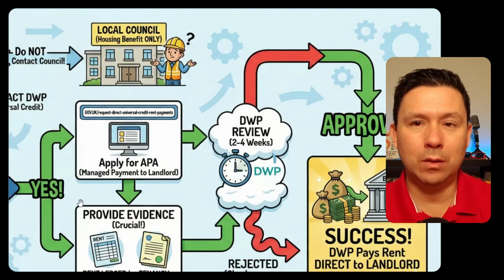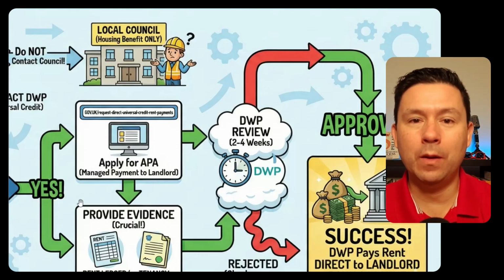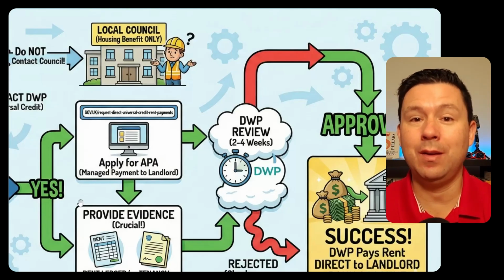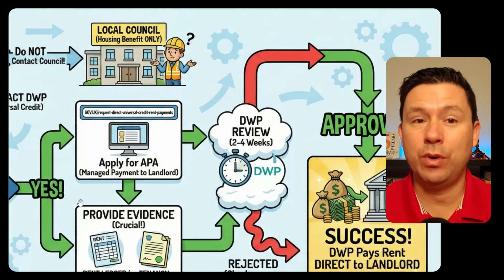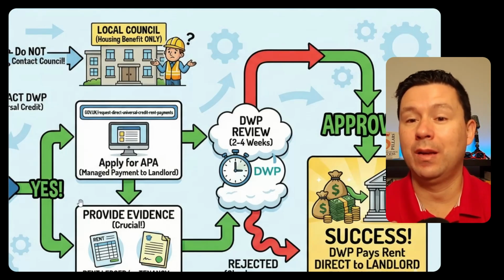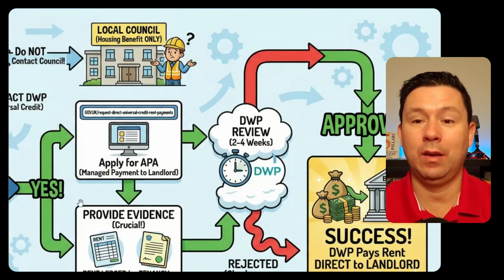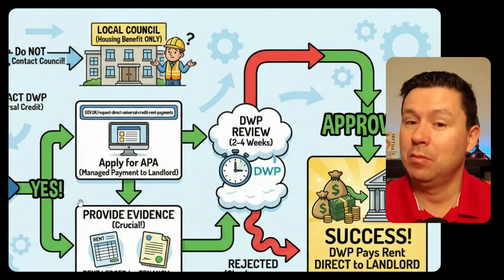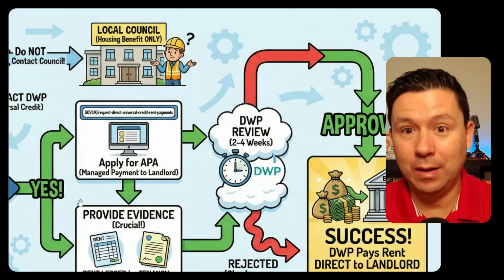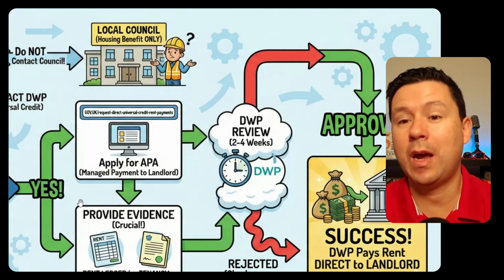Best way to start that process is to talk to the tenant and understand that he is getting universal credit information. And if you can get some other information like their reference number, maybe you can provide it and push for these kind of things.